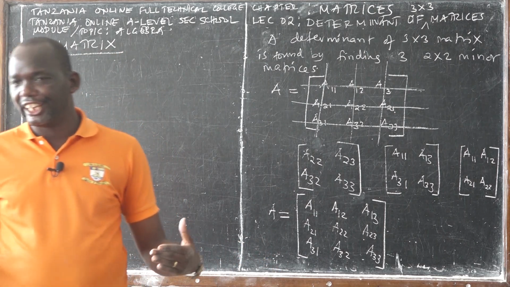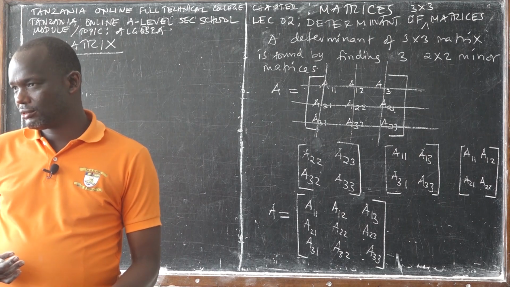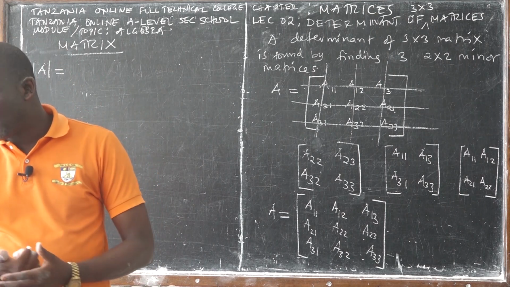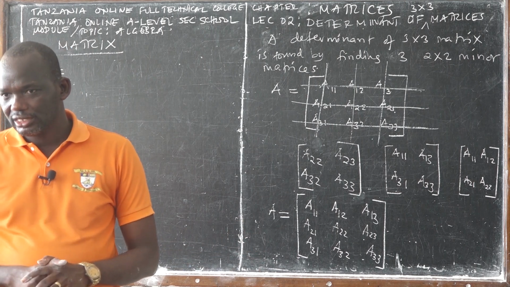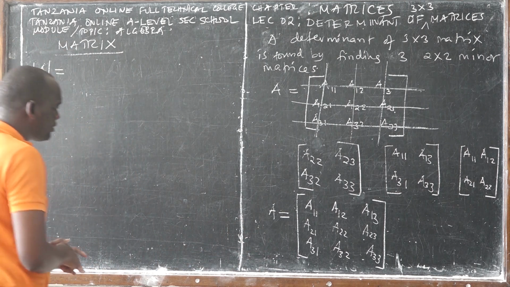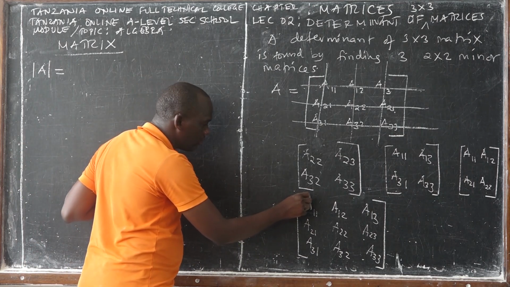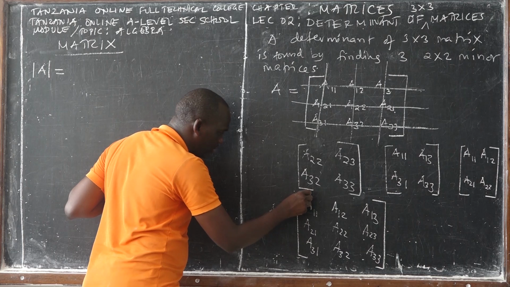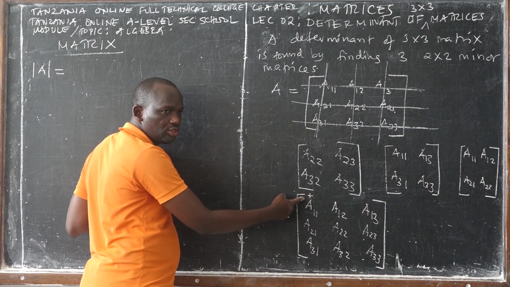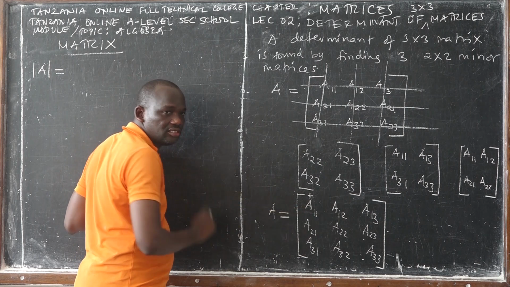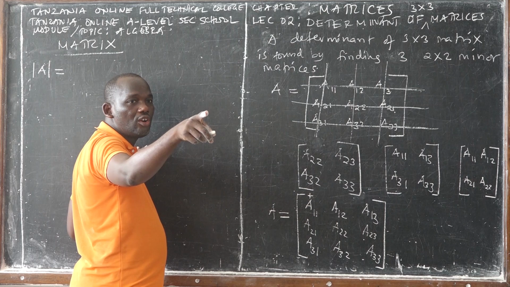The first one is placing positive and negative signs on some of the elements in that 3 by 3 matrix. The first element of the 3 by 3 will get the sign of plus. So it will be positive A11.